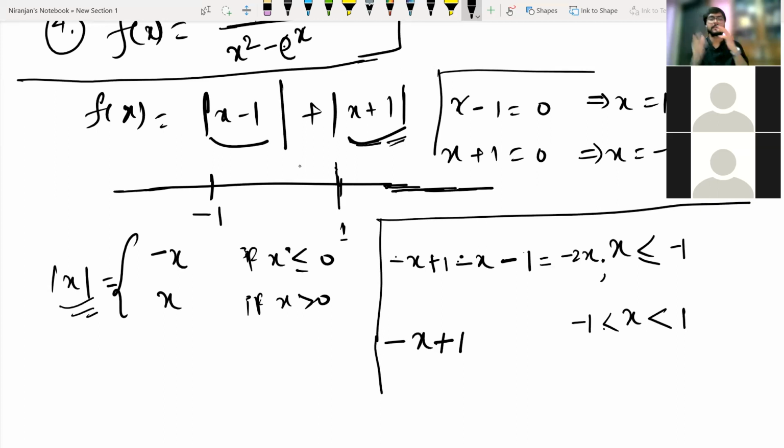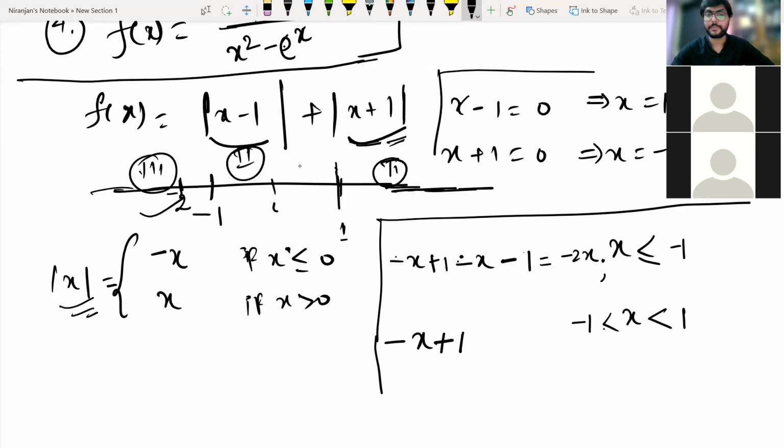Just keep one thing in your head, exactly where you are right now. One of the tricks is that once you go on the number line and divide the interval, you have three intervals, right? First interval, second interval, and third interval. Take any point in this interval, plug it in and see what you are getting.